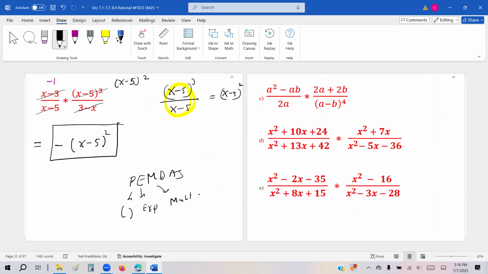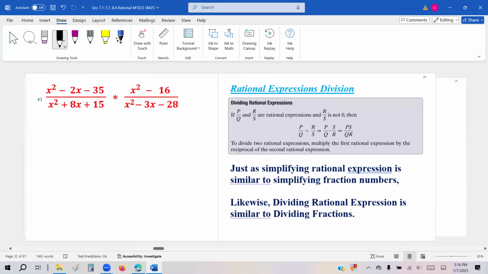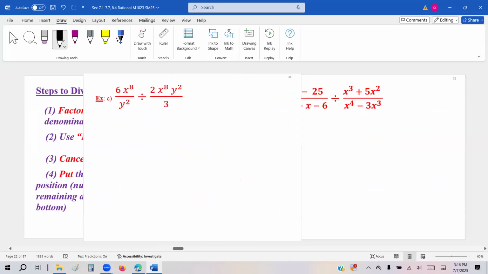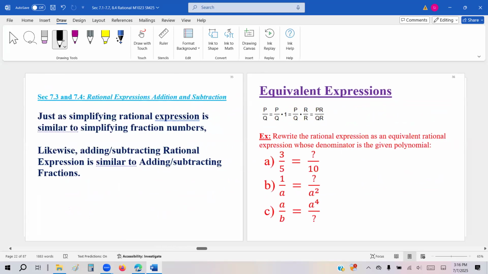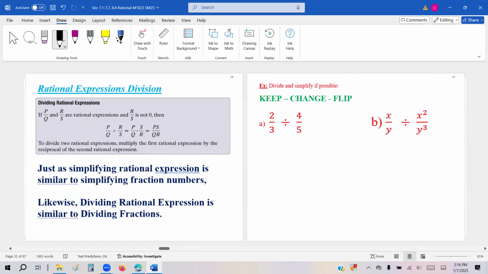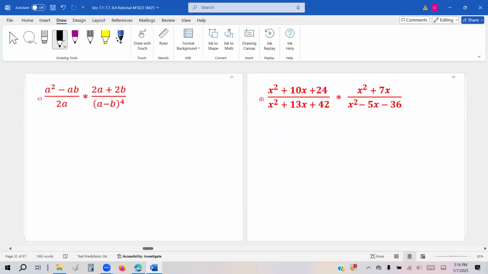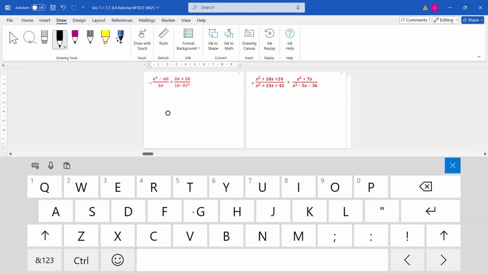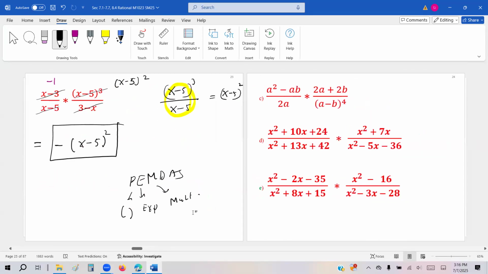And then division is the exact same thing as multiplication, only one thing different. So let's see. Division. Okay. After multiplication, we are going to do division. And then tomorrow we're going to do addition and subtraction.